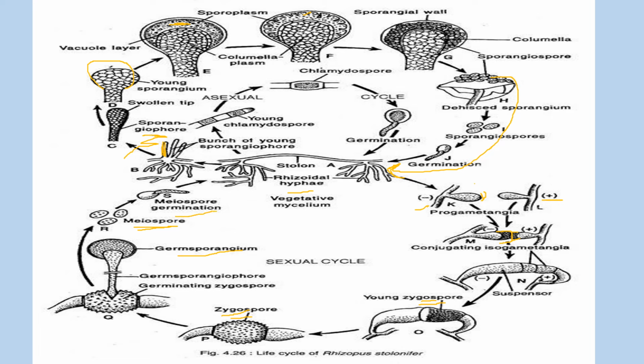Now, one thing is that the diploid phase starts with the zygospore. That is, this is the diploid phase, the 2N phase.